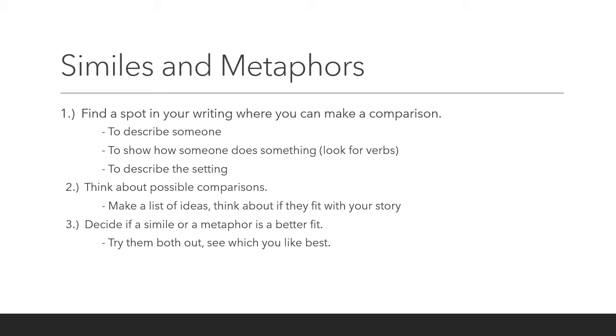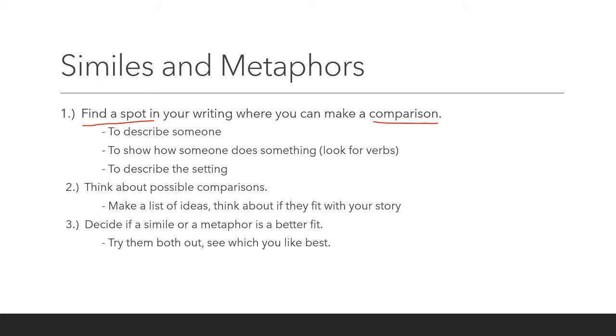So here are my 3 steps for adding similes and metaphors to your writing. The first step is to find a spot in your writing where you can make a comparison. If you remember from your reading lesson, similes are used to compare two things, and then the same thing with metaphors. You could use it when you're describing someone. You could compare someone to a flower or to an ogre.